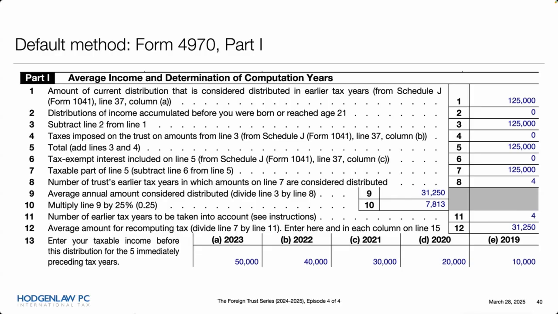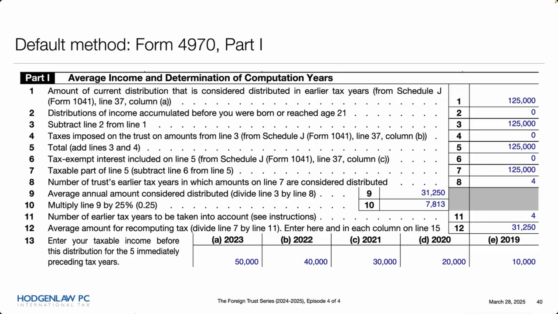And so what we end up doing is on line 11, we do another calculation for the accumulation period, which might have been shortened if the numbers on line 9 and 10 were different, but they aren't. So again, we're using a 4-year time period for the purpose of this Form 4970 calculation.